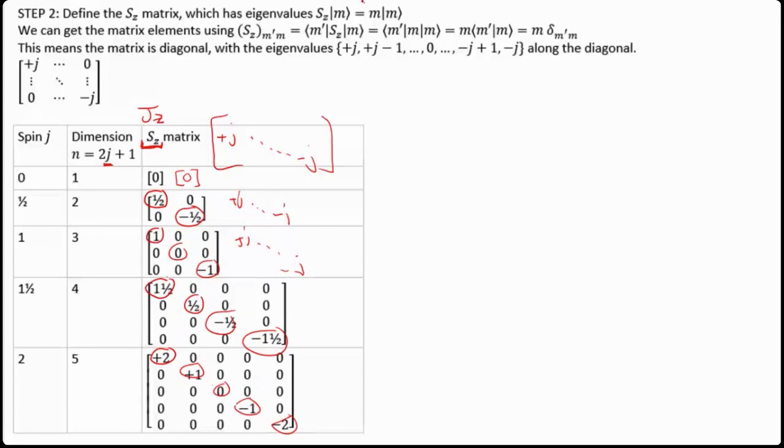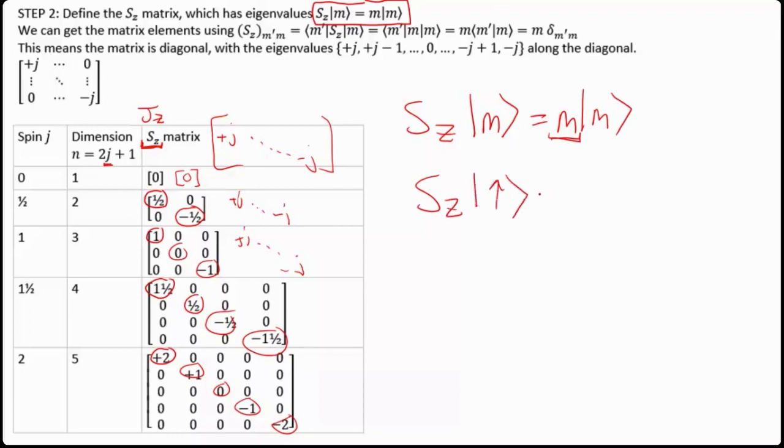The reason it's like this is because of this eigenvalue equation. We basically use the convention that the SZ operator acting on the mth basis vector gives the eigenvalue m. So if this was spin up, you'd get plus a half, because spin up is basically the plus 1/2 basis vector.